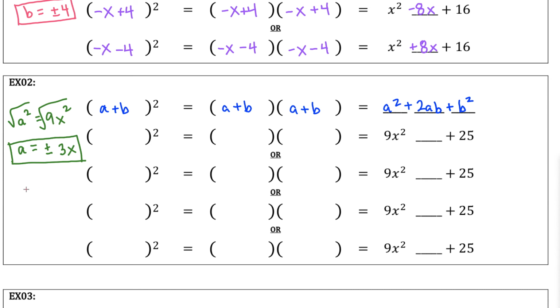We know that b squared equals 25. So square root that, square root that. We know that b is positive or negative 5.